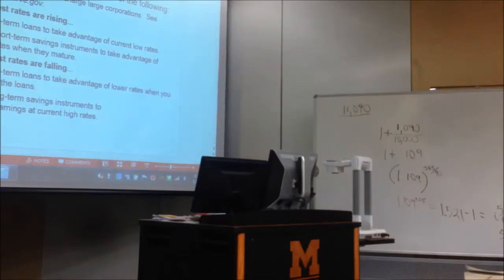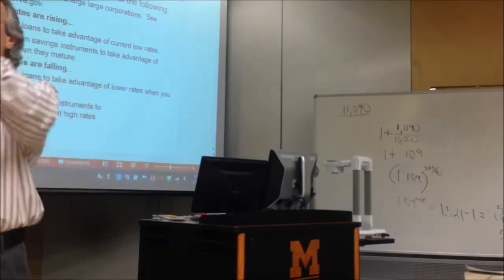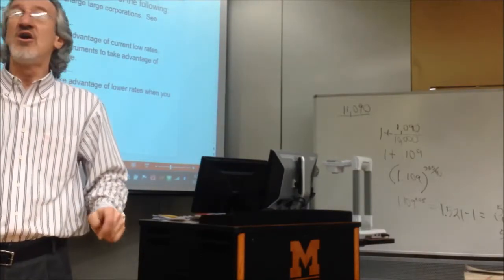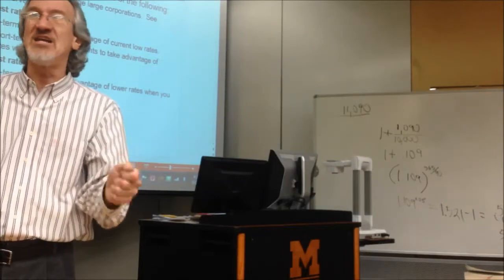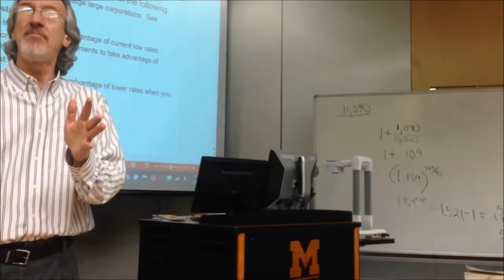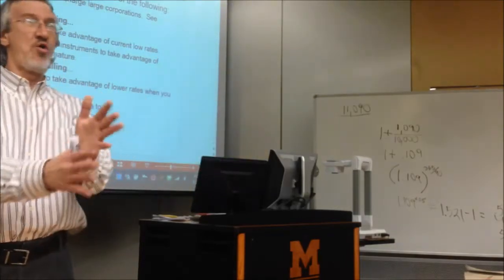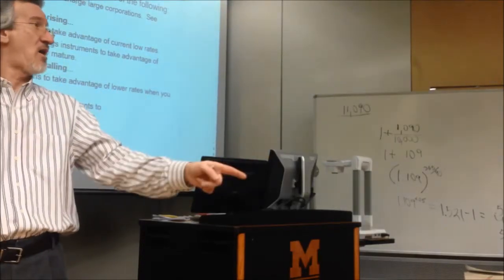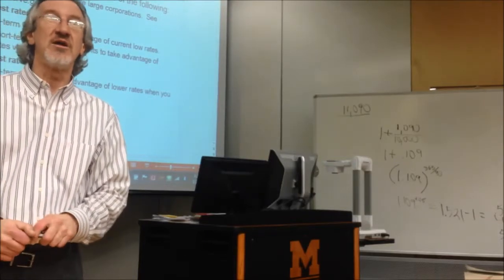Matter of fact, interest rates change slowly all the time. But if I said you have to pull $100 out of your account right now, and you have no choice but to bet it on whether interest rates will be going up or going down in the next 12 months. There's no in the middle. You either have to pick up or down. Where would you put your $100 right now?